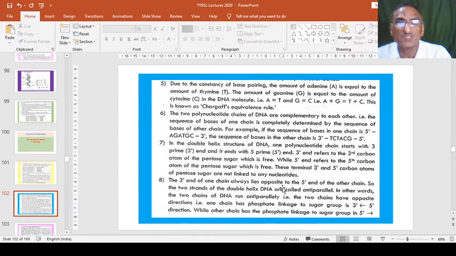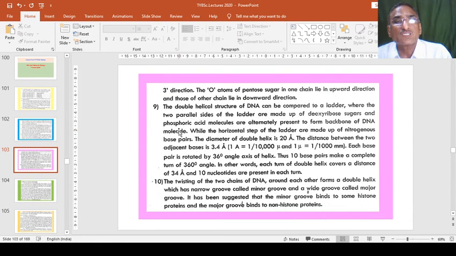So therefore these two chains are opposite to each other and therefore they run anti-parallel. This is very simple. The O atoms of pentose sugar in one chain lie in upward direction and those of the other chain lie in downward direction.